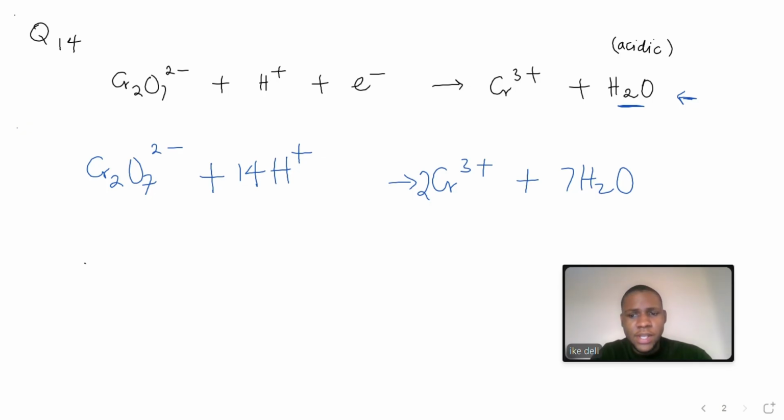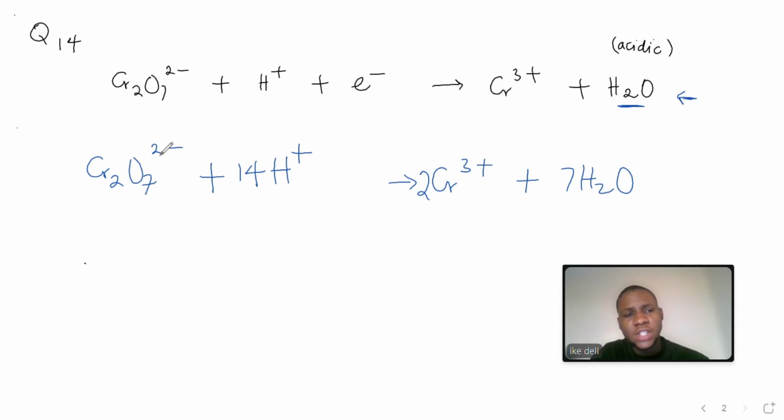So that's my third step, right? The first step, again, was to balance the atoms except hydrogen and oxygen. Then I'd balance oxygen with water. Then I'd balance hydrogen with hydrogen ion. And finally, I'm going to balance the charges with electrons. That's the last thing. So let's check.